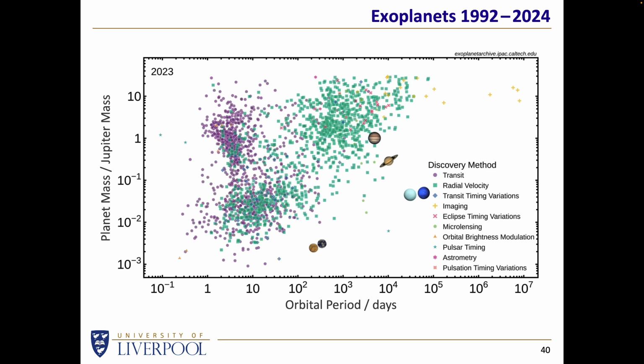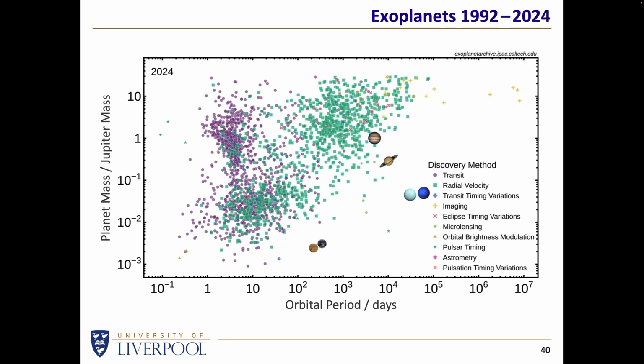This particular graphic goes up to 2024, and of course we've been building it up over the last year as well. You might say, well, does this mean that all the exoplanets that are out there don't look like our solar system because they all appear to be more massive than the Earth, and they all appear to be closer to the Sun with shorter orbital periods than Jupiter, for instance?